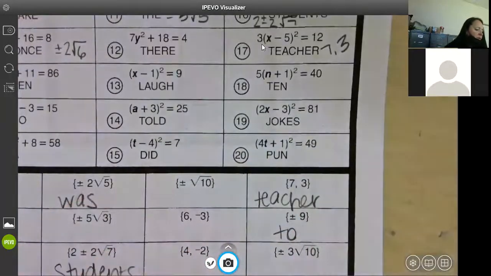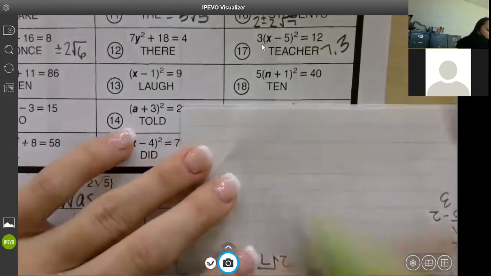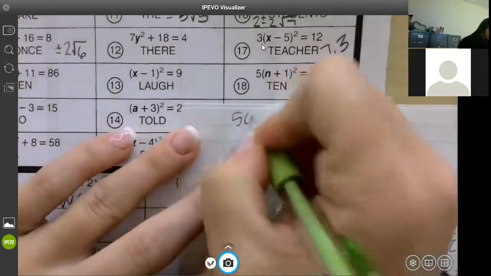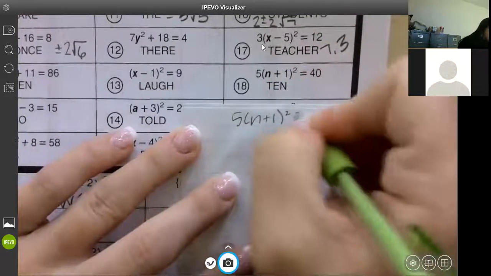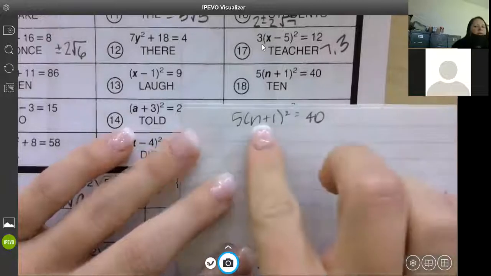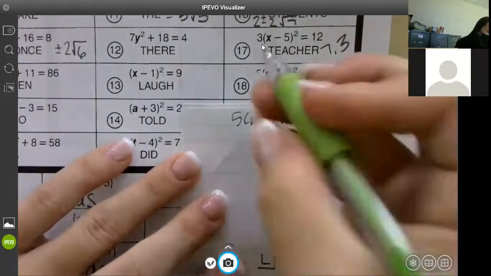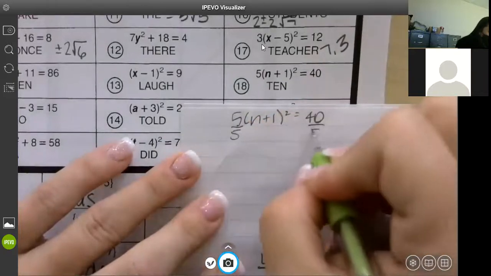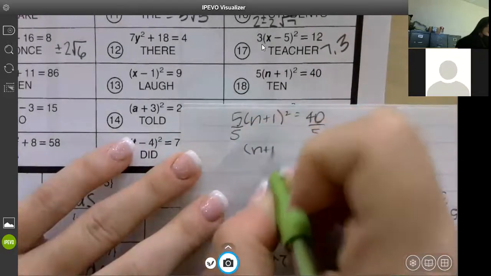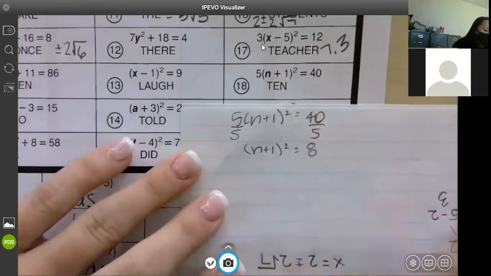I'm going to do another one like that. I'm going to do number 18 and then I'll move on, okay? So how do I get the square part by itself? Divide by 5. I get n plus 1 squared equals 8.